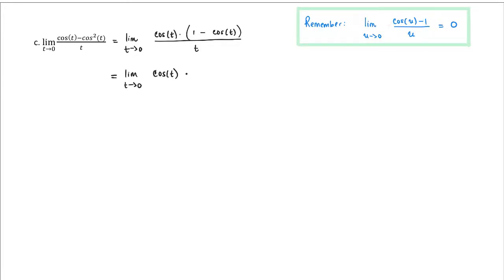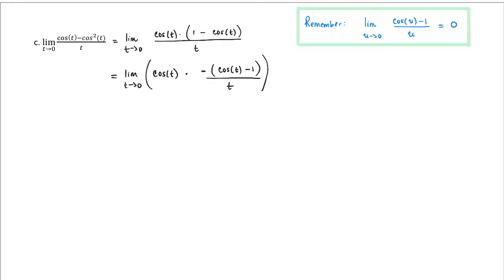And in here I have cosine of u minus 1. Well, that's an easy fix because all that I have to do is to factor a negative out. So I'm going to have here minus cosine of t minus 1 divided by t. And that becomes my expression.